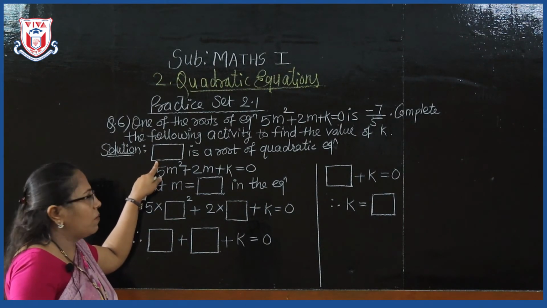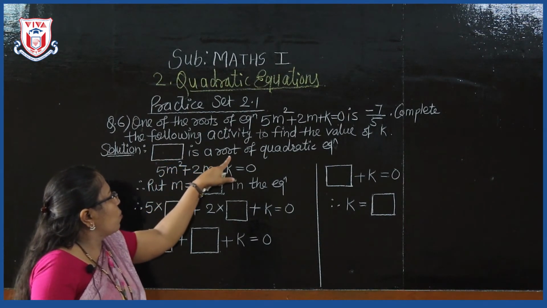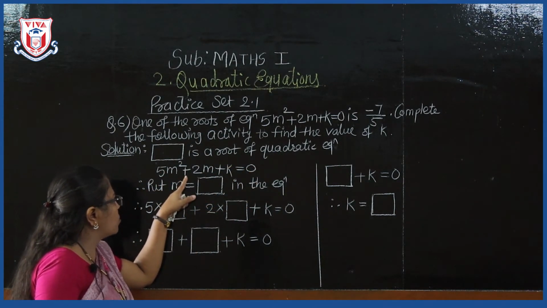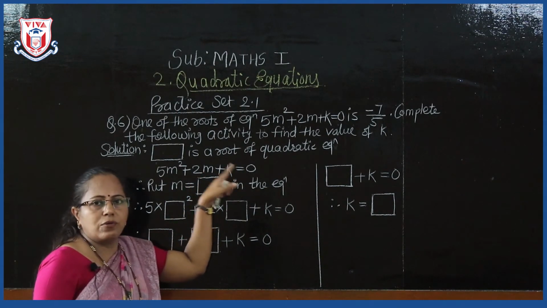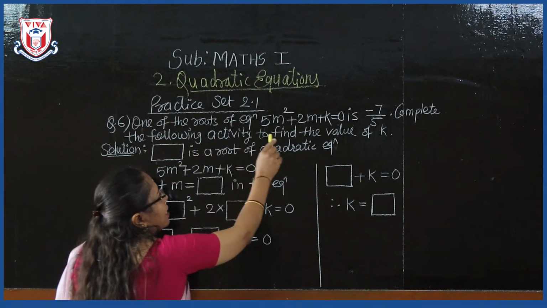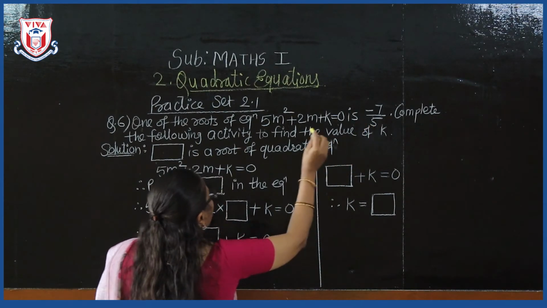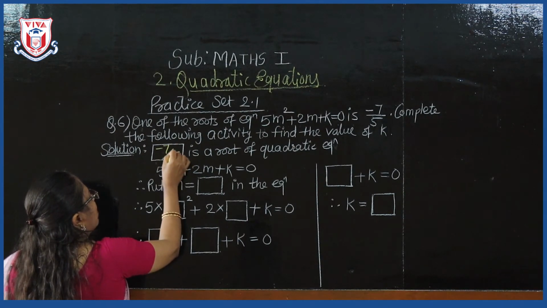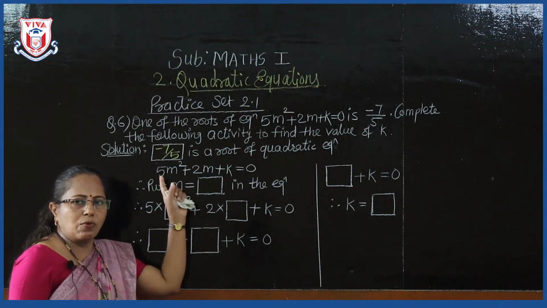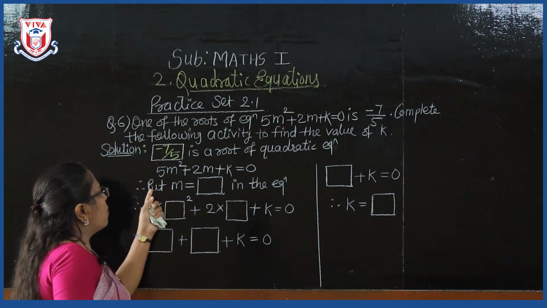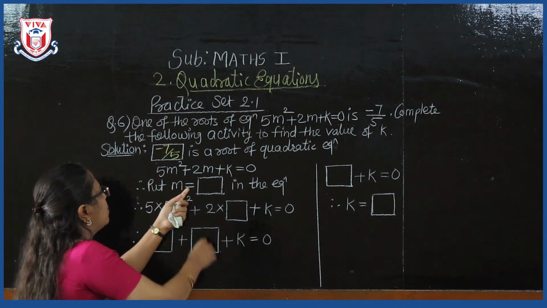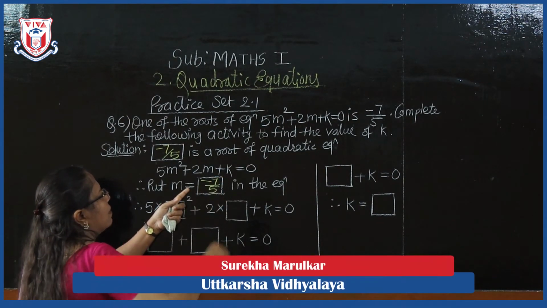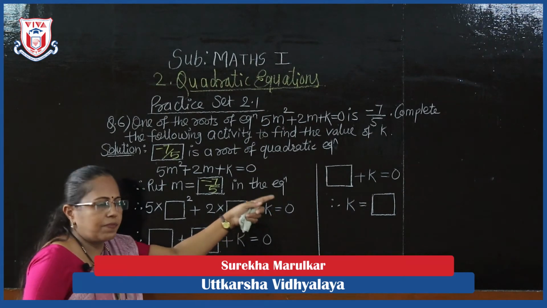Here first they gave dash is a root of the quadratic equation 5m square plus 2m plus k equal to 0. Now which is the root given here? Minus 7 upon 5. So here first you will write minus 7 upon 5 is the root. So therefore put m equal to minus 7 upon 5 in the equation.